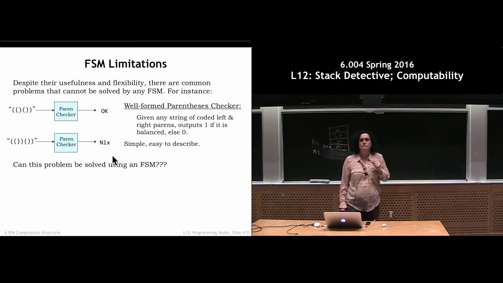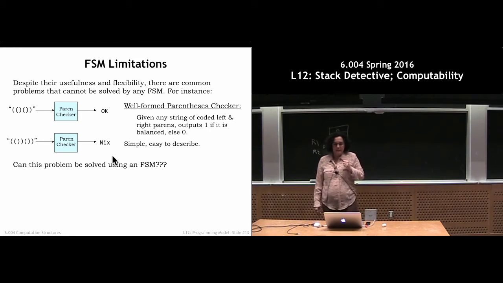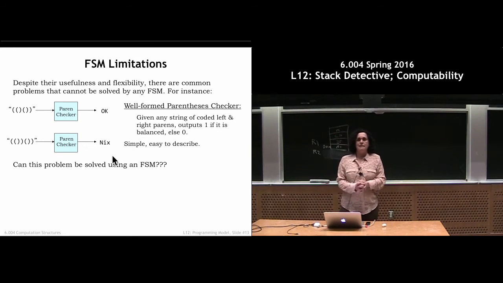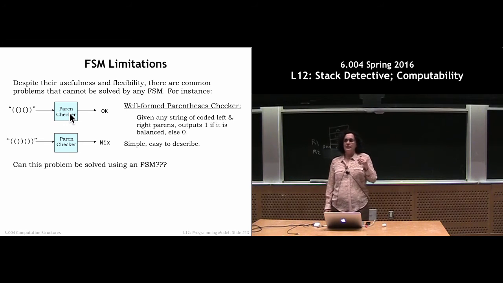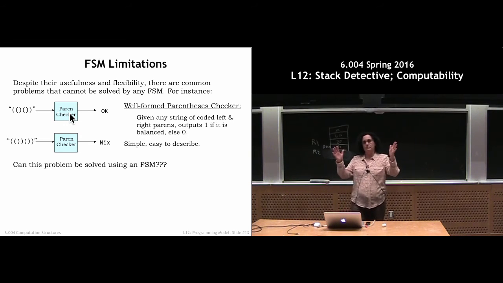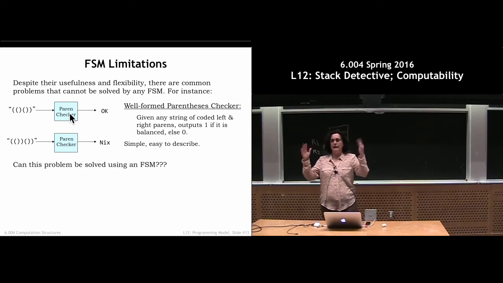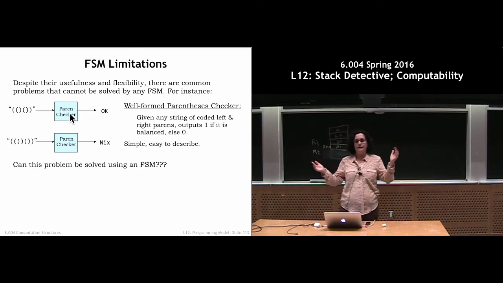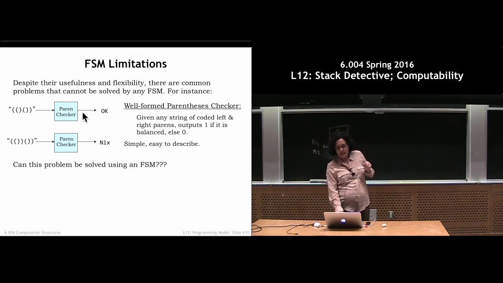Well, if you recall from Lab 2, what we learned is that an FSM, while it can do a lot, has some limitations. Specifically, there are certain problems that it can't solve. For example, if we wanted to create a parentheses checker, where we wanted to identify whether, given a particular input, it is a balanced set of parentheses or not, an FSM can't actually solve this problem for us.